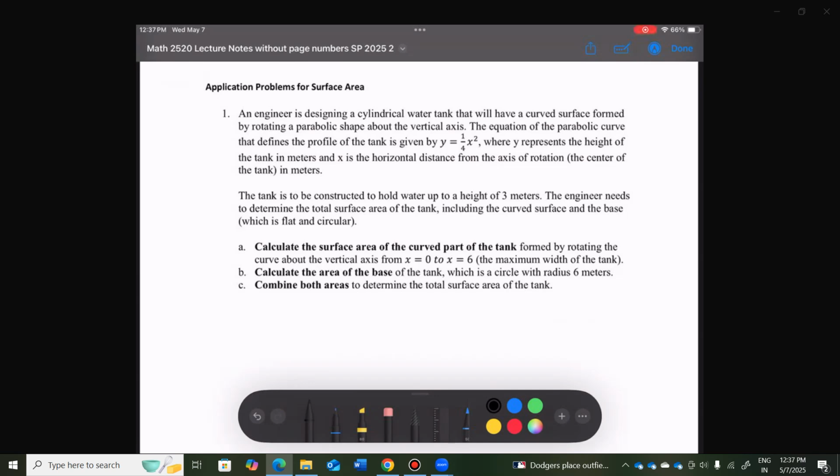Alright, so we have a couple of things. y equals 1/4 x squared. So we can find dy/dx, which is going to be 1/2 x. Okay, and that tells me I'm going to be doing this with respect to x.